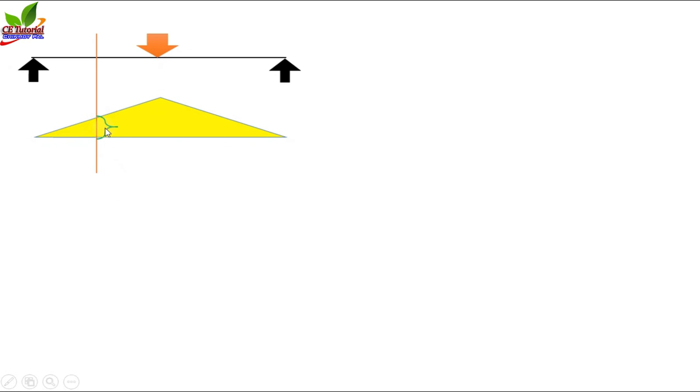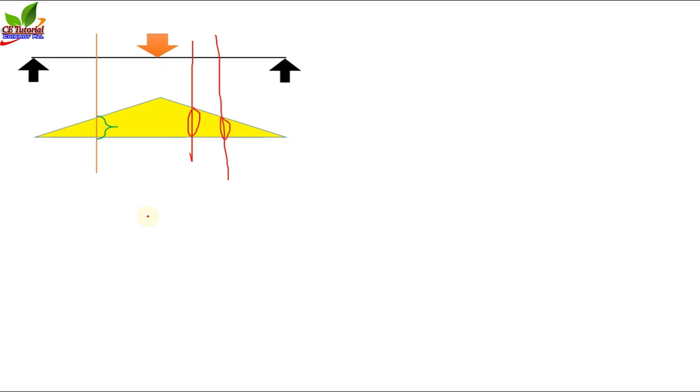If I consider a section here, this is the bending moment; if I consider a section here, this is the bending moment. Please keep in mind, the diagram is giving the bending moment value of each and every section of this beam throughout the length.